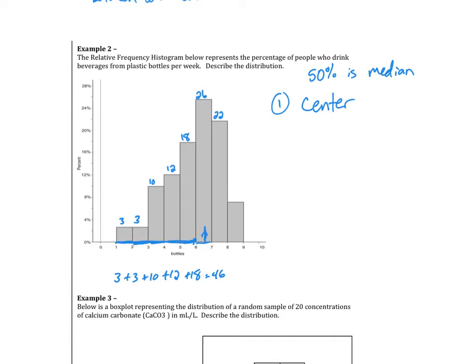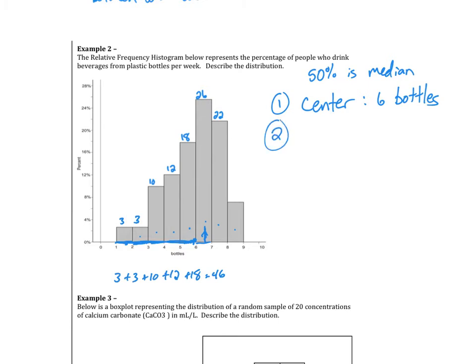So we know the center is going to be 6 bottles. Okay, we'll say 6 bottles. You could say 6 to 7 bottles. We'll say 6 bottles. This is 1 bottle, 2 bottles, 3, 4, 5, 6 bottles, 7 bottles, 8 bottles. And nobody drinks more than 8 bottles. This is what the data is showing.